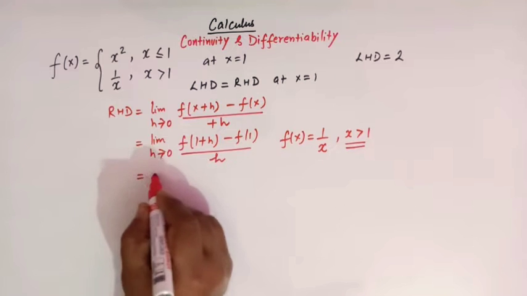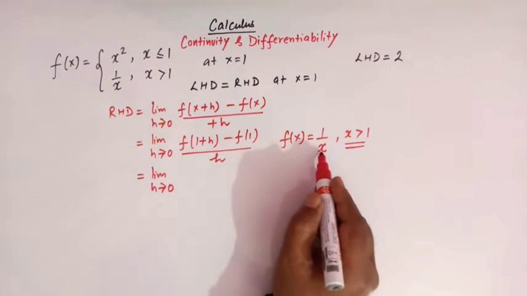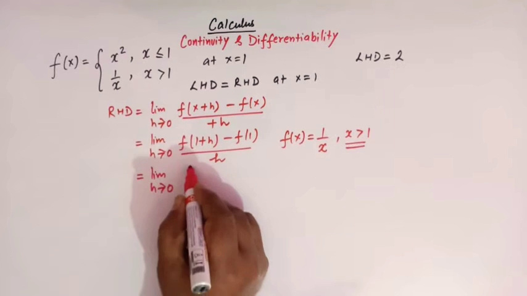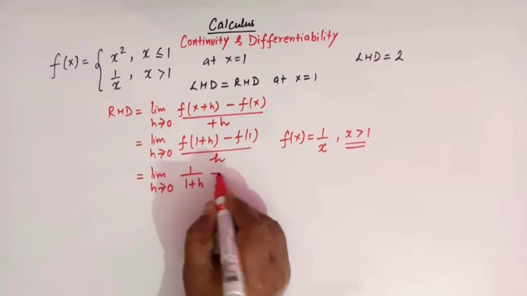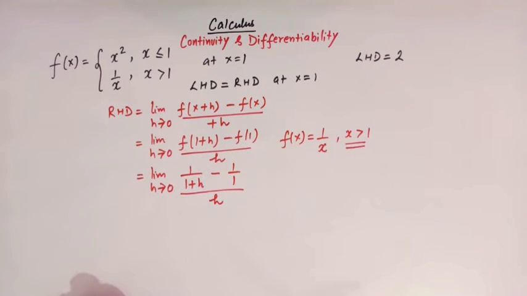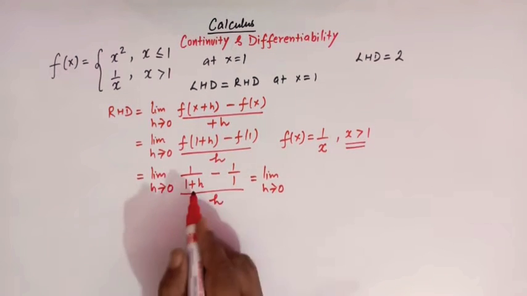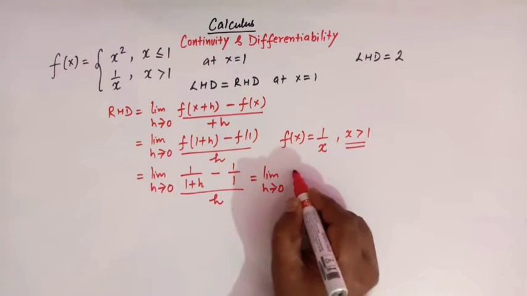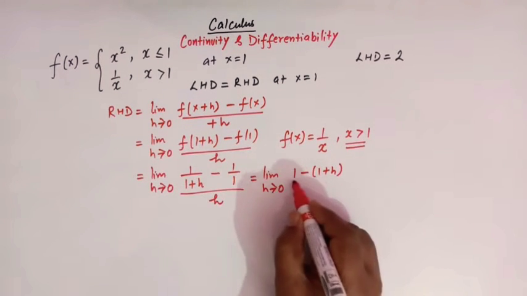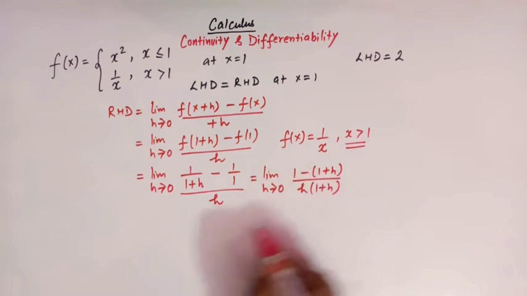So here we have limit h tends to 0, and f of 1 plus h can be obtained from this function. So we have 1 over 1 plus h minus f of 1, so we have 1 over 1, divided by h, right? So now this is limit h tends to 0, and here we have 1 minus 1 plus h, simplifying it, and in the denominator we have h and 1 plus h, right?